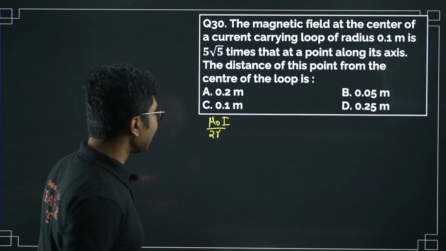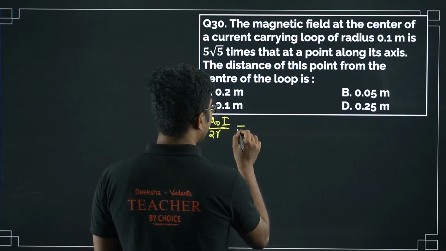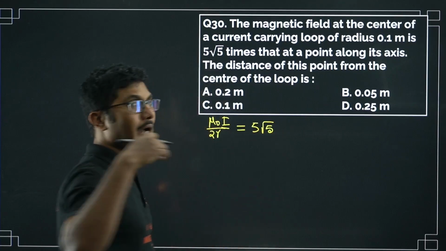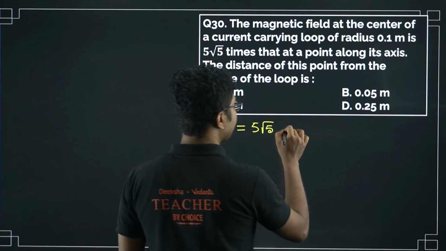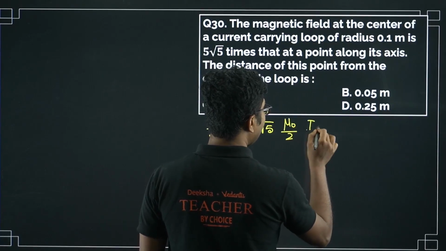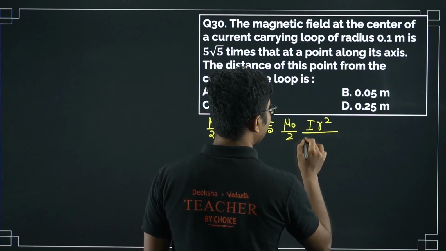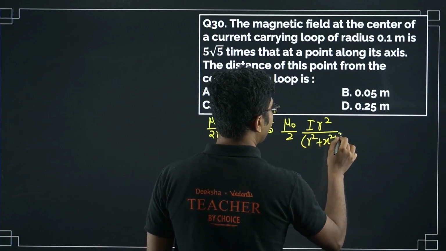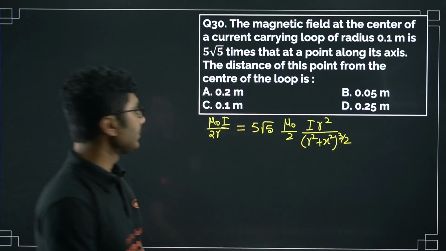And it says that it is 5 root 5 times stronger than at a point at some other distance on the axis. What is the formula for that? Mu naught I r square divided by r square plus x square to the power 3 by 2. So this is the formula.